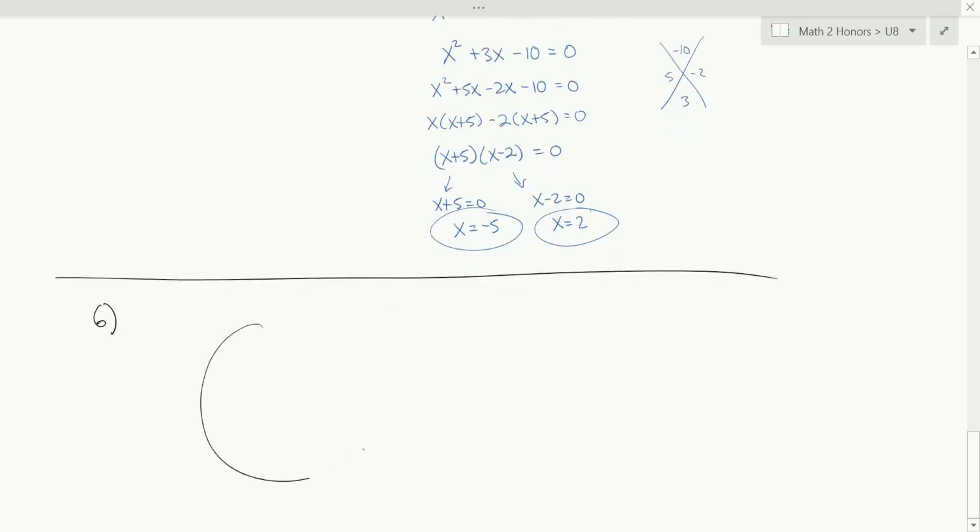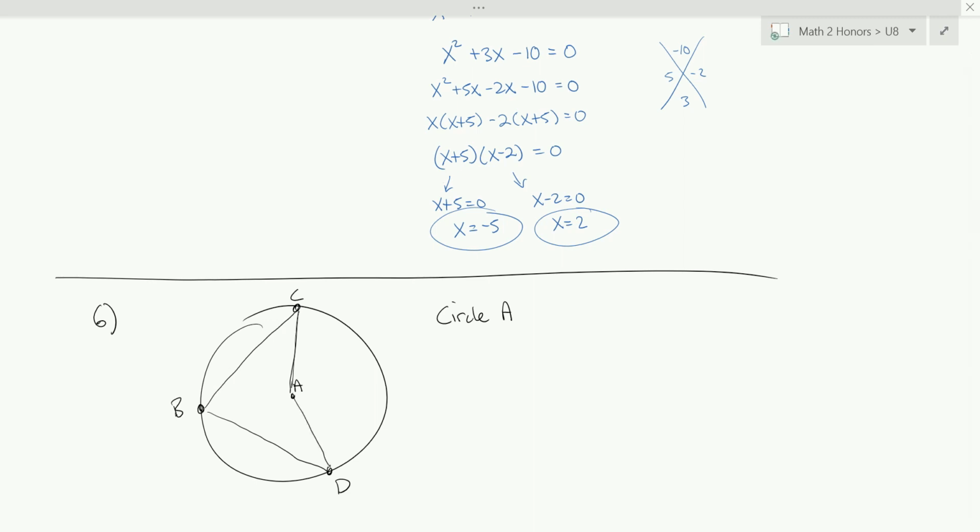Okay, so we have a circle with center A and pick 3 points on that circle, B, C, and D. And I'm going to tell you that the measure of angle CBD is 40x cubed.